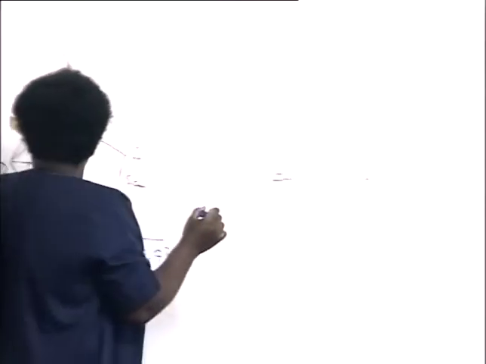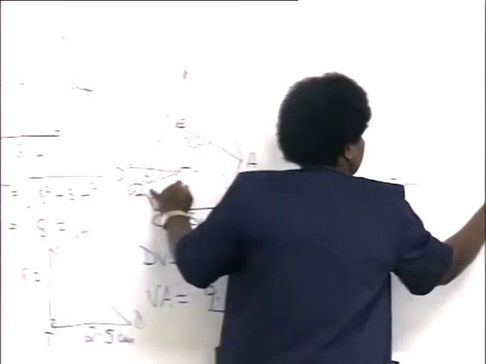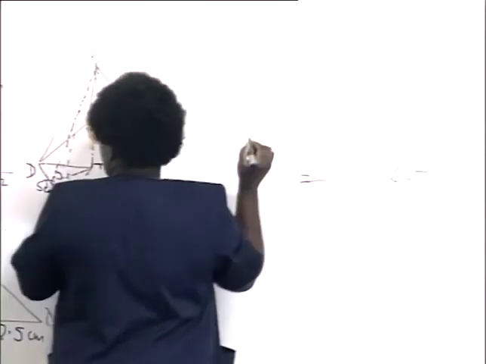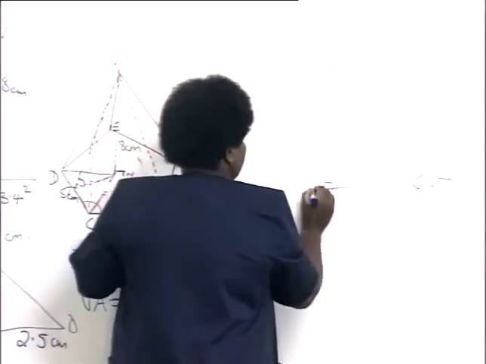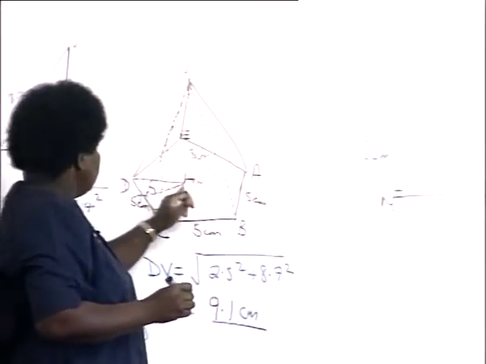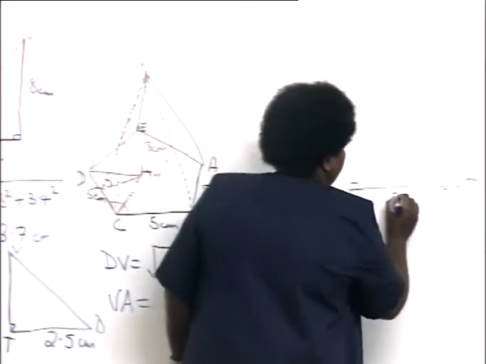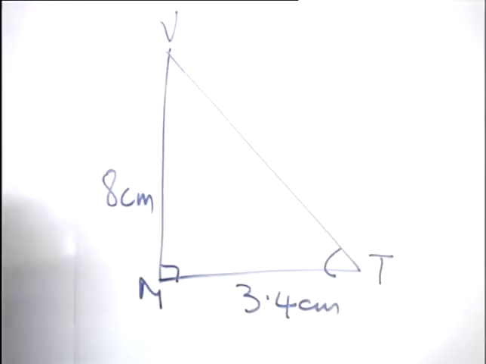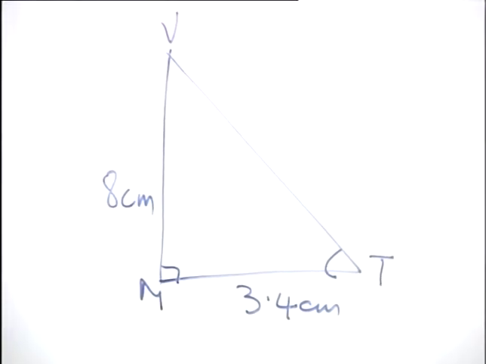Okay, it's this one. That's T, V, and M. This is 8 centimeters. Okay, TM we already found to be 3.4 centimeters, right? That's the first one we calculated.